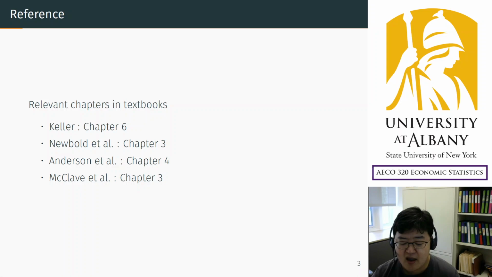But if you are interested in further reading, or if you want to compare with your textbook, you can refer to those chapters. Newest editions may change the chapter numbers, but I believe it shouldn't be a big difference.